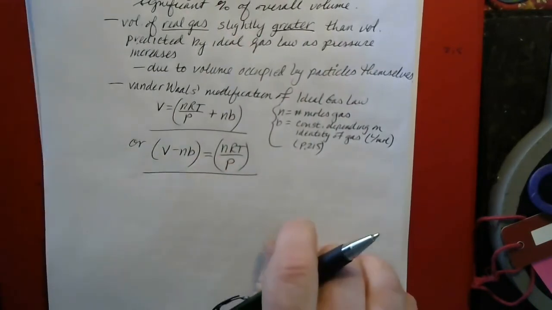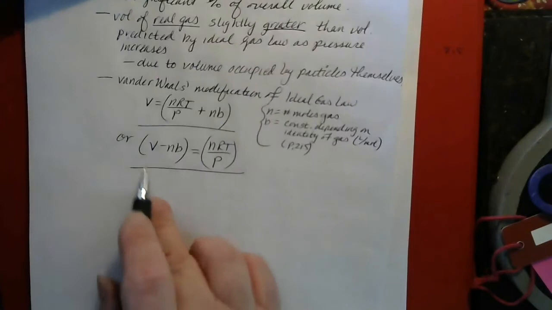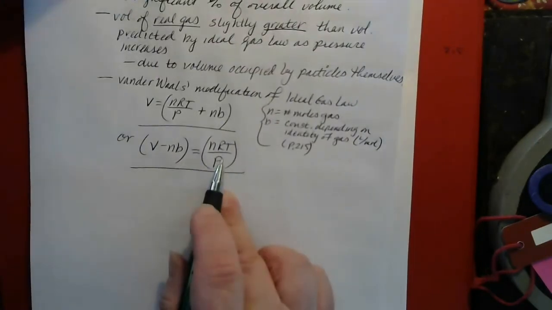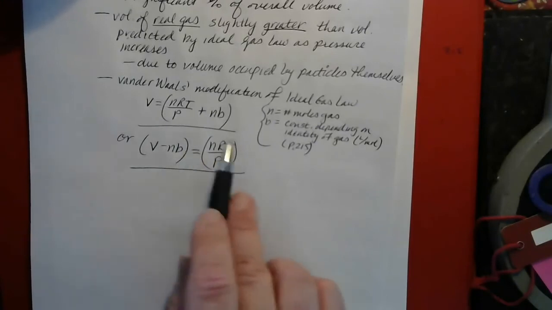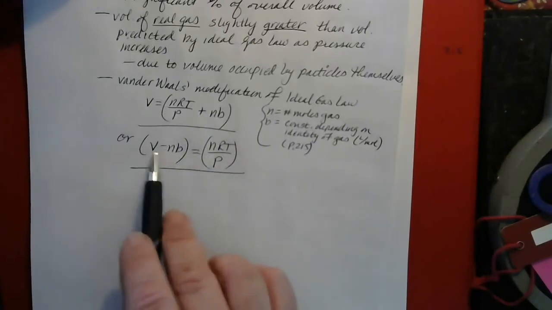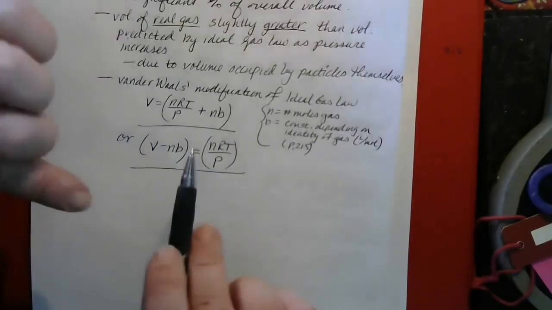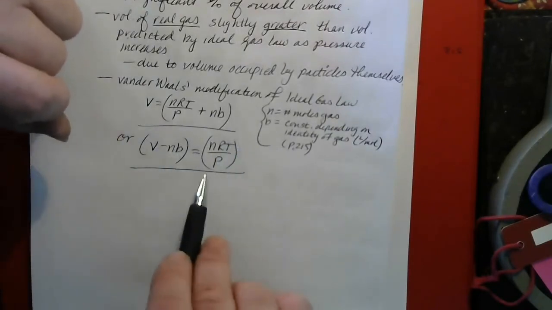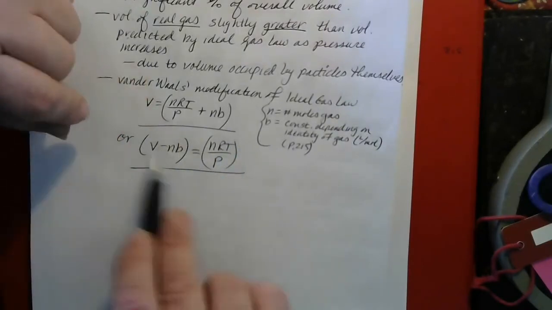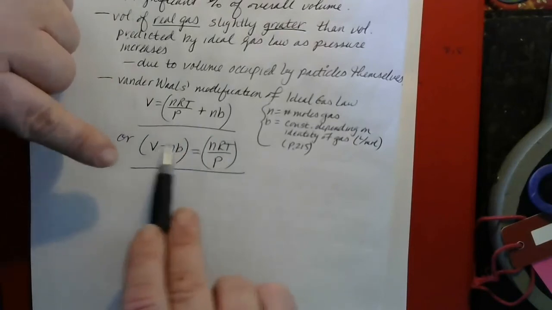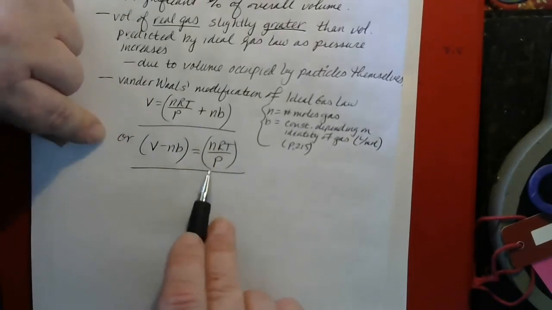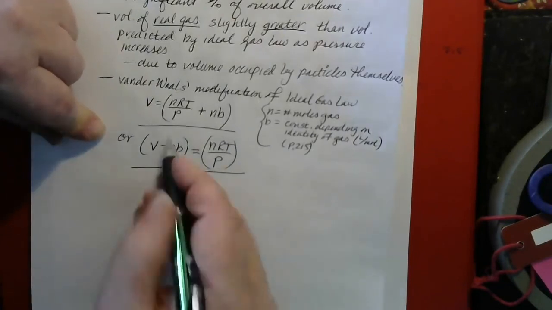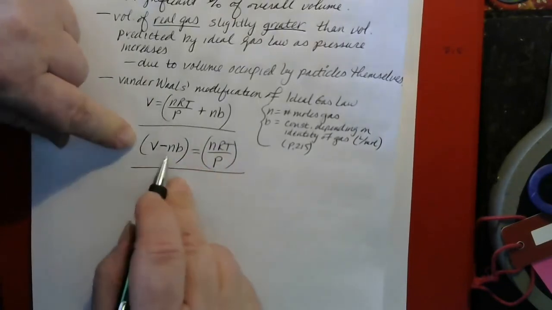And the second form conforms more exactly to the way that the ideal gas law is usually written, which is V equals nRT over P. Well, that would be the ideal volume equals nRT over P. And if you rearrange the van der Waals equation this way, you get the real volume equals nRT over P, because the real volume is V minus nb.